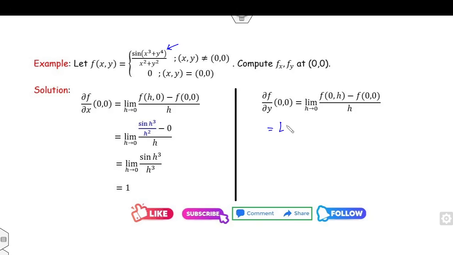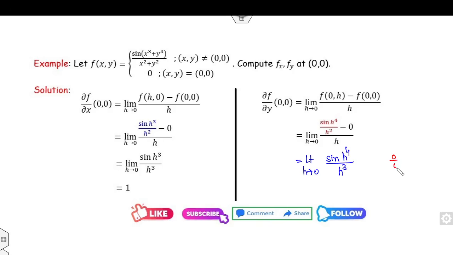So that will be the limit, h raised to power 4 divided by h square, minus 0, divided by h. So this is the limit as h approaches 0 of sin of h raised to power 4, divided by h cube.